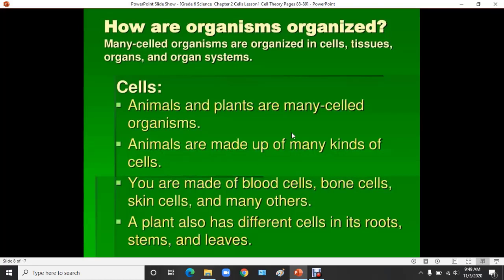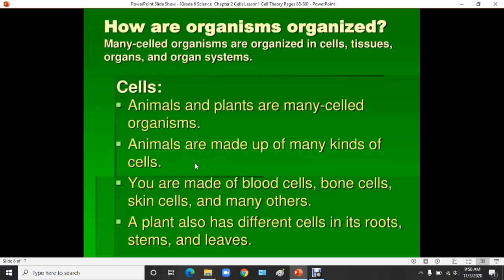So here, many celled organisms are organized in cells, tissues, organs and organ systems. When you talk about cells, particularly animals and plants are many celled organisms.